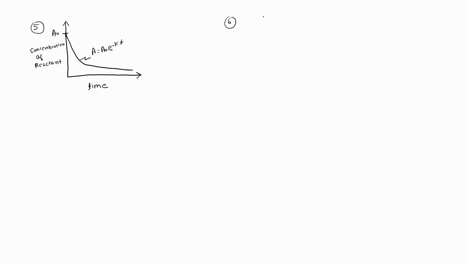Sixth graph, which is the graph of t half. What is the graph of t half for a zero order reaction with respect to initial concentration? What should the graph be for a zero order reaction?